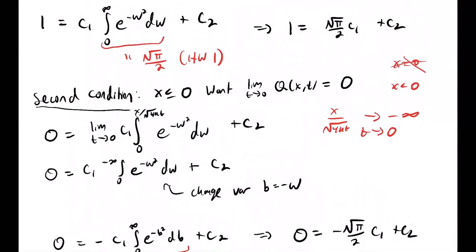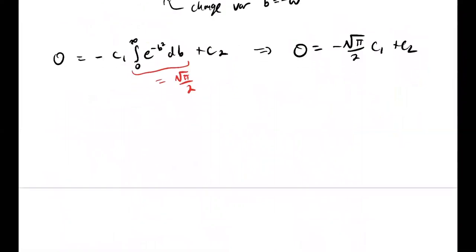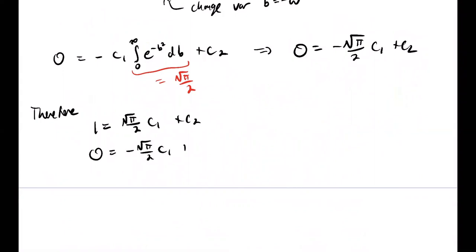And so now what do I have? I have two different linear equations in c1 and c2. As everyone remembers from algebra, hopefully you can solve for c1 and c2 once you have two linear equations. Just to recap, we have 1 is square root of pi divided by 2 times c1 plus c2, and 0 is negative square root of pi over 2 times c1 plus c2.